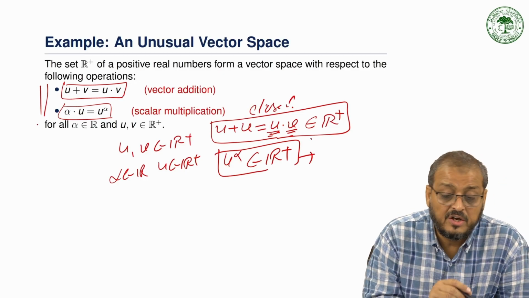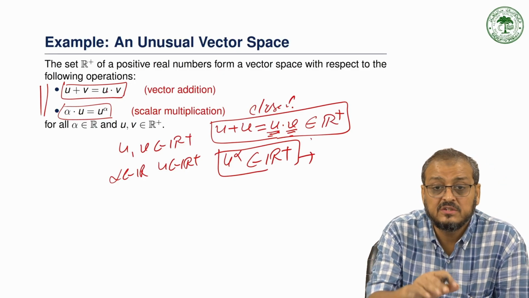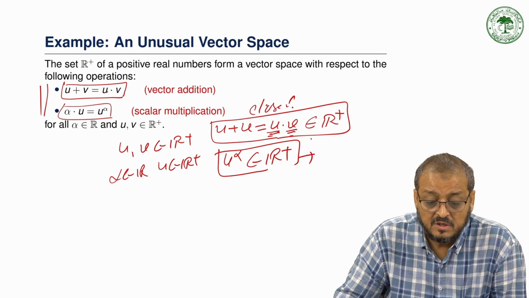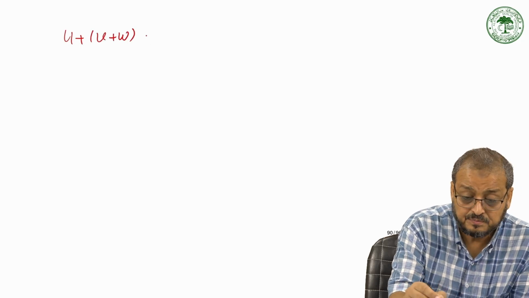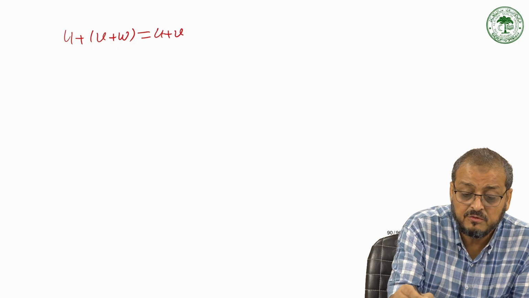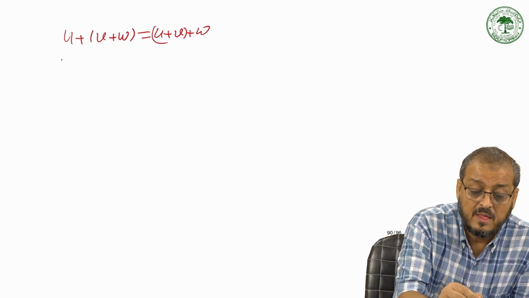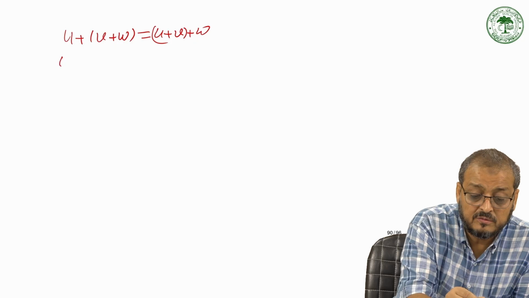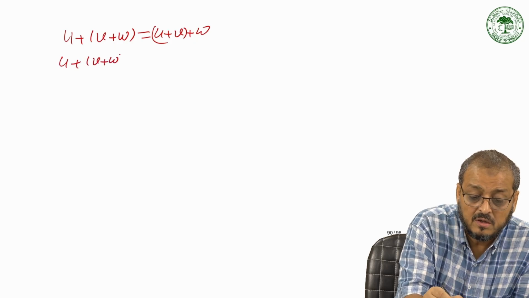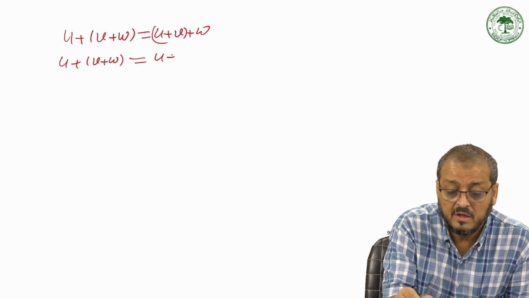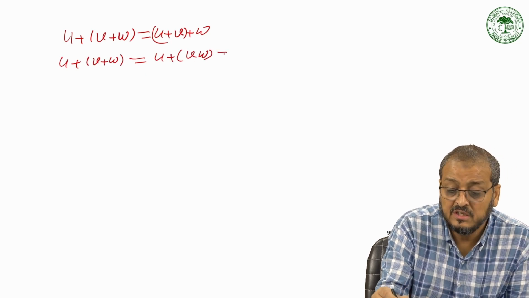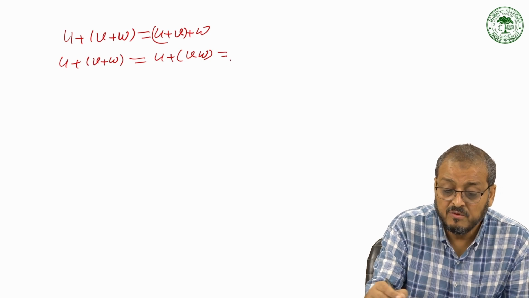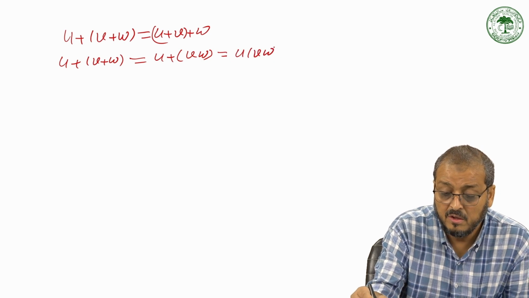So now we try to prove that under these two operations this set forms a vector space. So we try to verify all the other properties. First, u plus v plus w is the same as u plus v plus w. We start from the left side, u plus v plus w. This can be written as u plus vw, which is equal to u times vw.